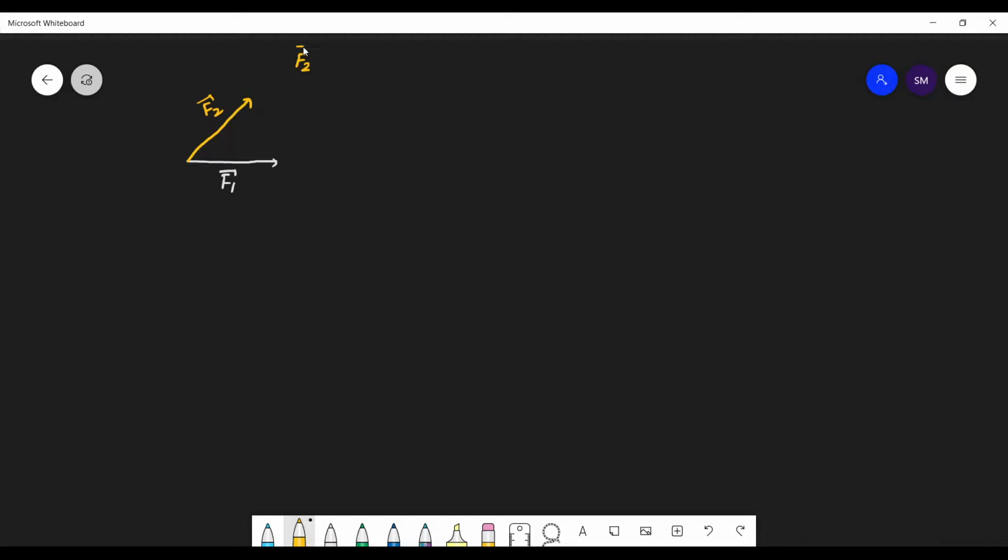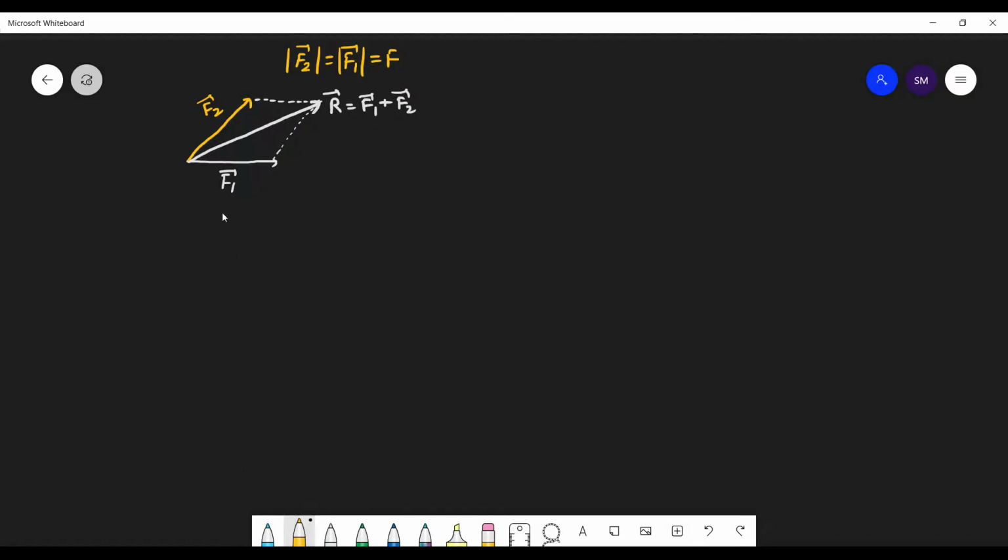Means the magnitude of F2 is equal to the magnitude of F1, that's equal to F. So what will be the resultant? You know that by parallelogram law, the diagonal of the parallelogram is the resultant R, that is equal to F1 plus F2.